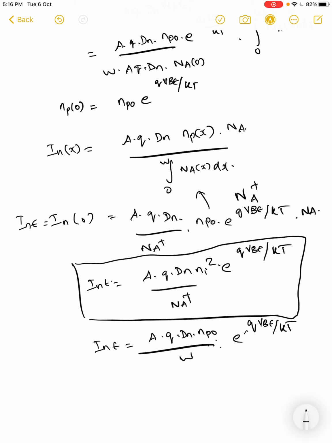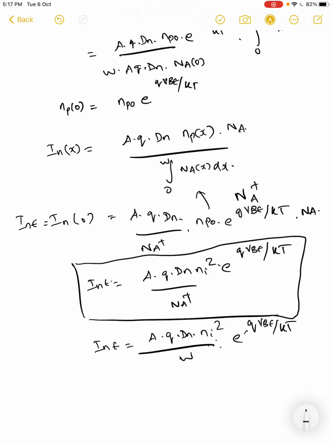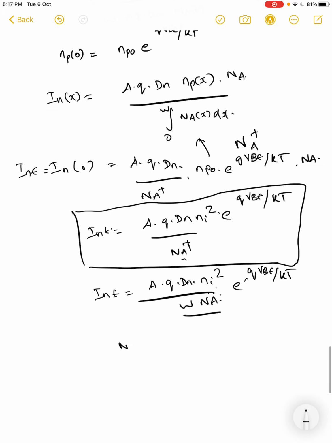So if I replace this by ni^2/Na, and Na into W is basically this Na plus. And Na plus is just this integral, integral 0 to W Na(x) dx, and this is what is called a Gummel number.